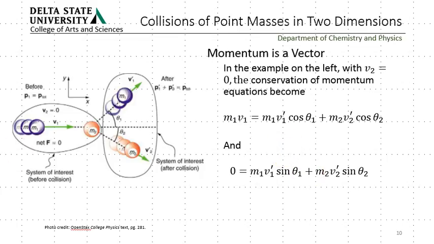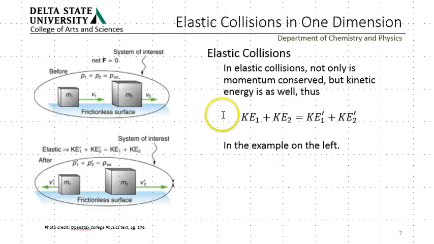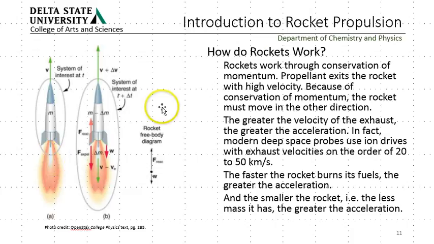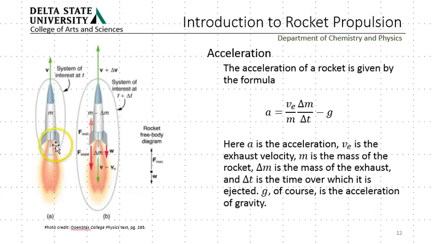If it's an elastic collision, then kinetic energy is also conserved, and kinetic energy before and afterwards is the same. And finally, a rocket propels itself along through conservation of momentum. The acceleration you get is proportional to the velocity of the exhaust, VE, divided by the mass of the ship, times the rate at which mass is going out through the exhaust, delta m over delta t, minus the acceleration of gravity. All right, that's it for Chapter 8.